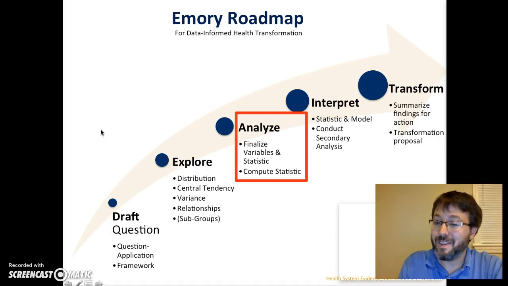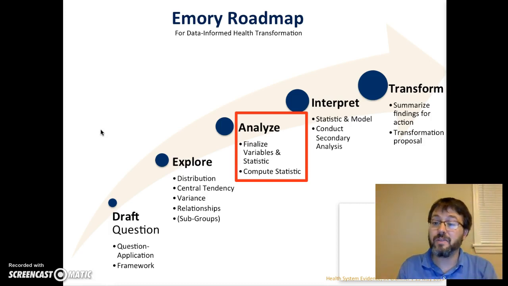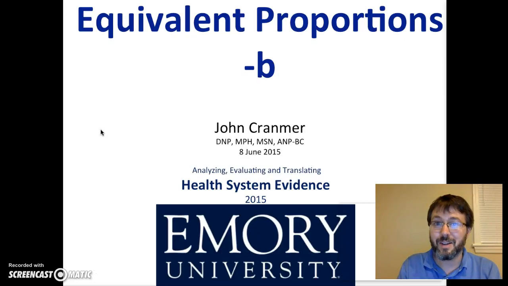So hopefully this is added to your analytic skill set. It's given you a lens to think about how to divide your data into categories that might be relevant, either based on observing the data patterns or based on theoretical rationale, and move you one step closer to answering your primary question and addressing the wicked problem that your team is considering.